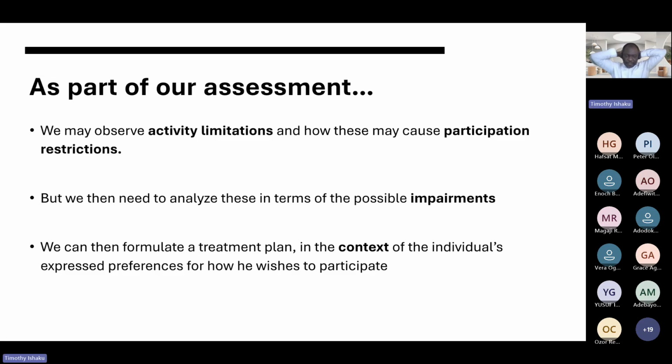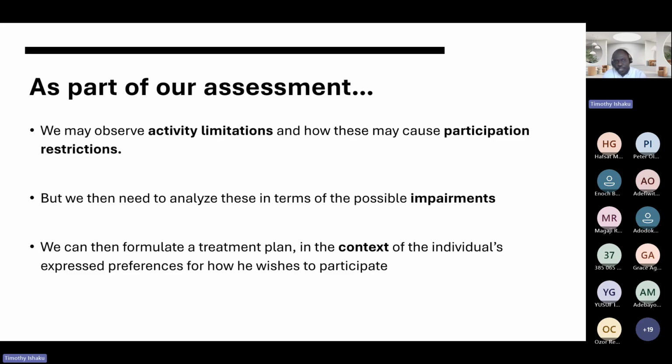And as part of our assessment, we will observe the activity limitation and how this may cause participation restriction, as you have brilliantly described in the chat function and conversation. For me, the treatment should be functional. My suggestions: functional, participation, life situations, participation restriction.